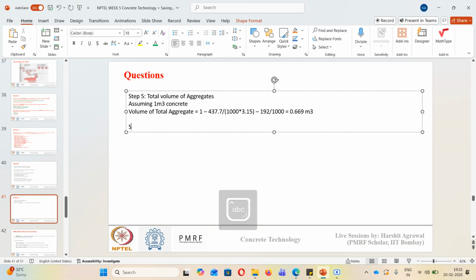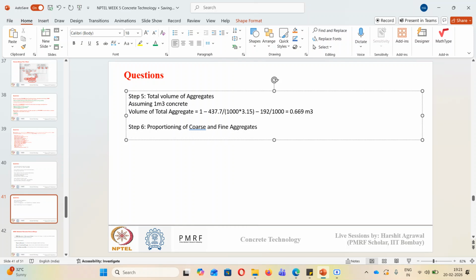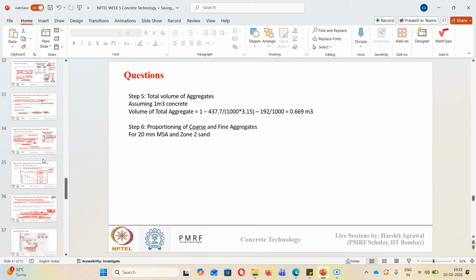Now step 6 is proportioning of coarse and fine aggregates. For 20 mm nominal aggregate size and for zone 2 sand that is given to us, we need to go to the table again, which is given in the IS code.